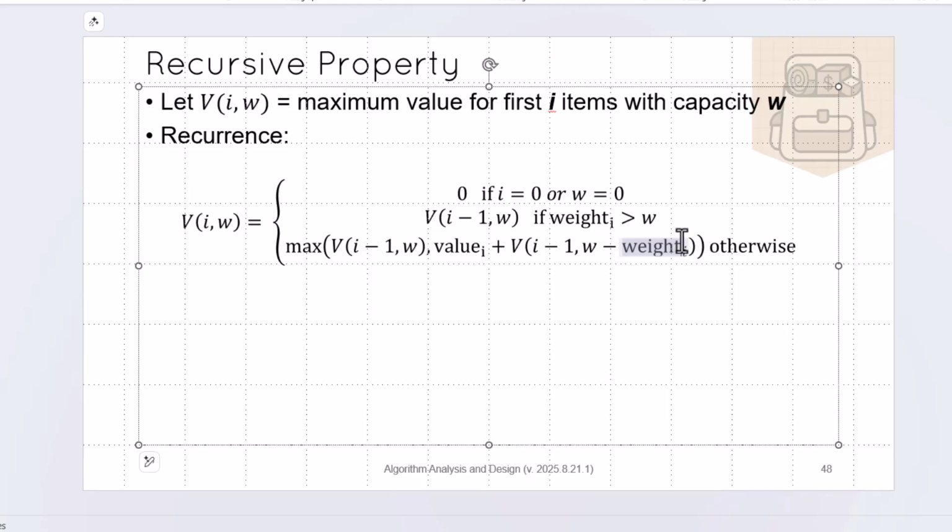So that means we might have to take out the previous item, right?